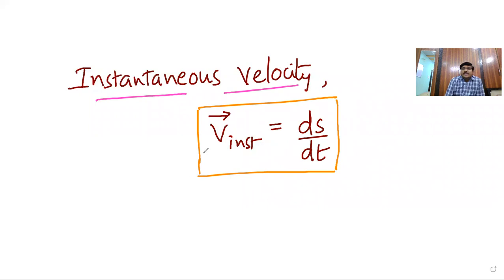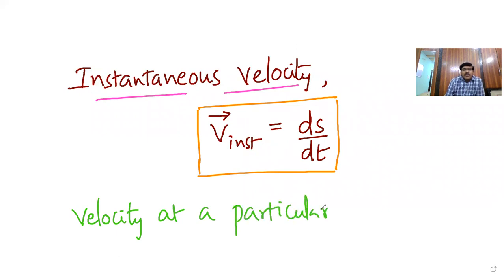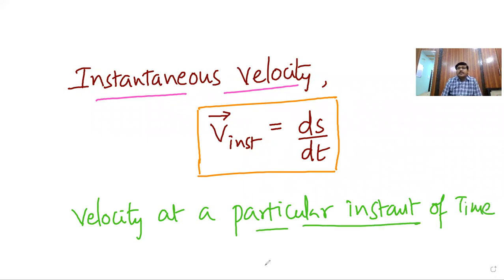What is the instantaneous velocity? Instantaneous velocity is nothing but velocity at a particular instant of time. Be careful of this term, at a particular instant.